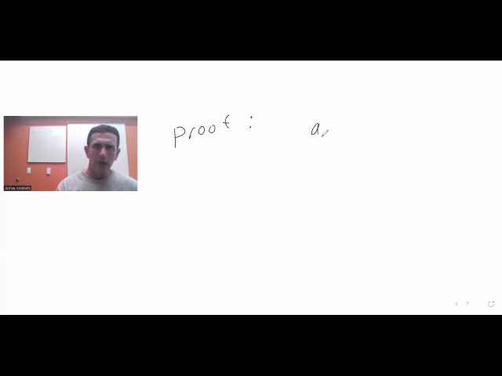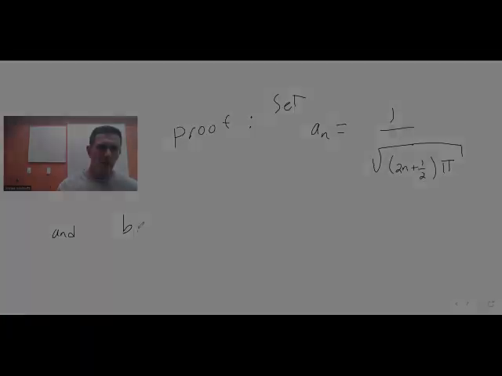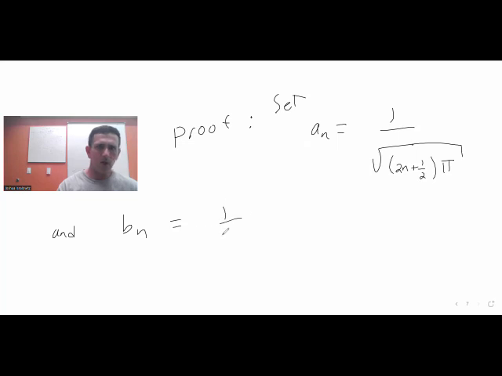Let's say a_n is 1 over the square root of 2n plus 1/2 pi, and this is not a very subtle choice of a_n and b_n. And set b_n to be 1 over the square root of 2n pi. Certainly a_n is smaller than b_n because a_n is the same thing, but we have this extra 1/2, so I have a larger denominator.